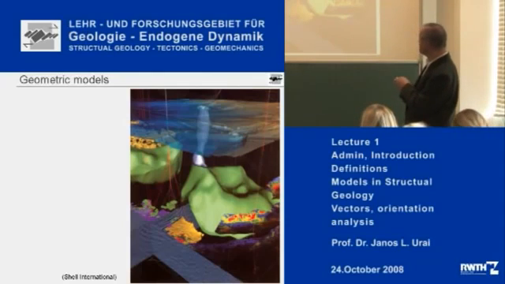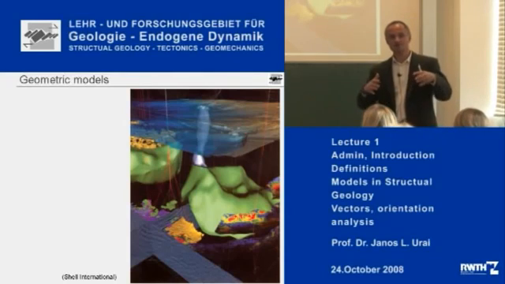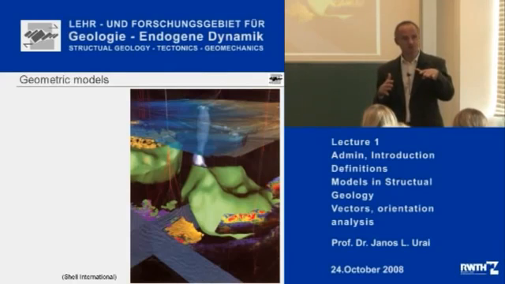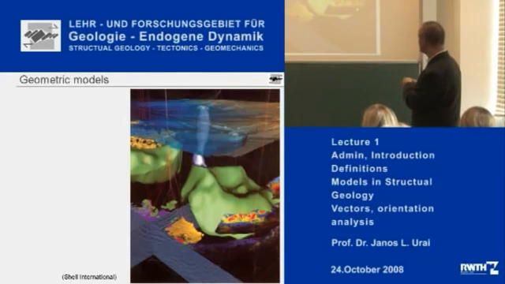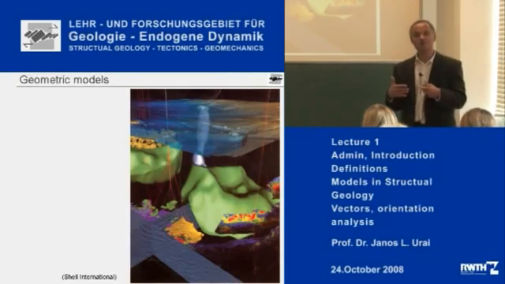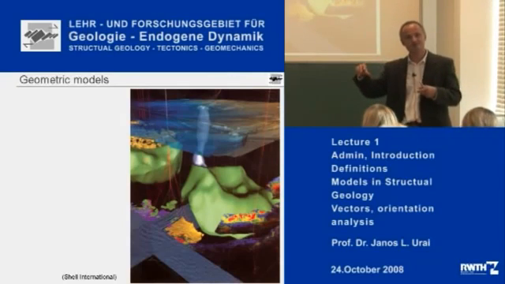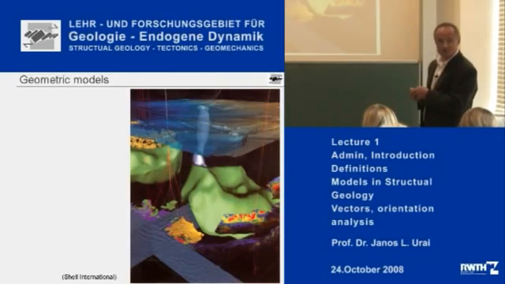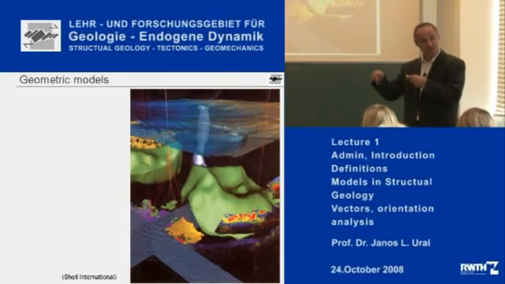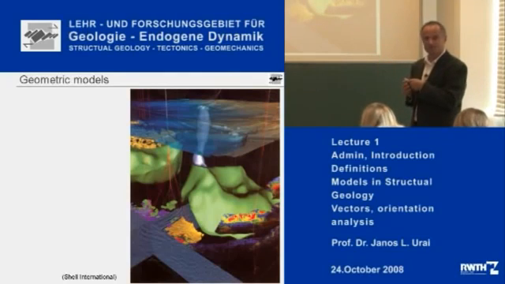Down here, the wells which are going into the oil fields are shown by these very thin lines. And the different surfaces are the tops of different geological units. For example, this one is the unit which is the reservoir, and it is colored according to the amount of oil which is there in different places. So the production geologist can say, the red color is a lot of oil, so I'm going to drill into that particular place to extract the oil.